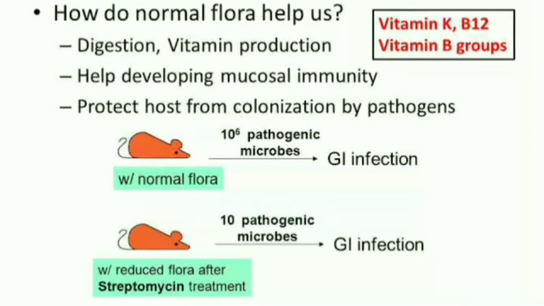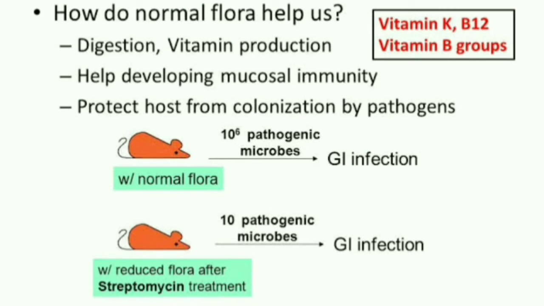Now let us discuss the diagram below. We know that in a normal flora, the number of pathogens present in the body should be higher to result in an infection. If we look at the diagram, it shows that when there are 10 raised to 6 pathogenic microorganisms, it results in a GI infection.